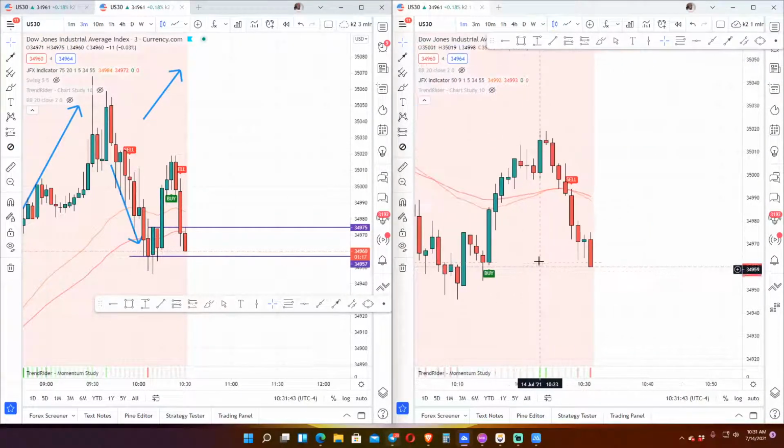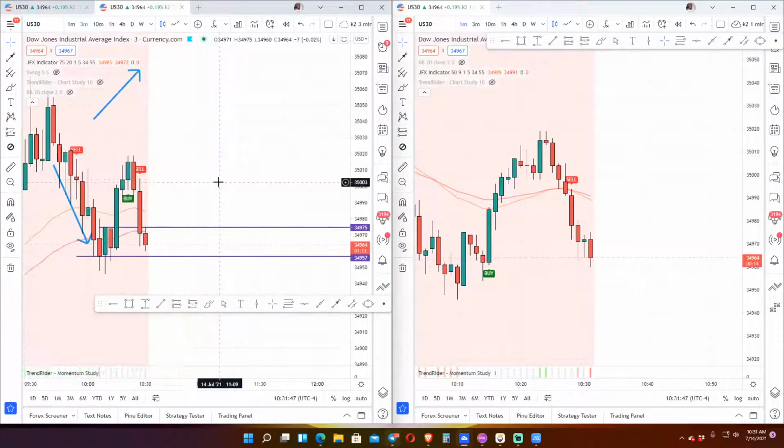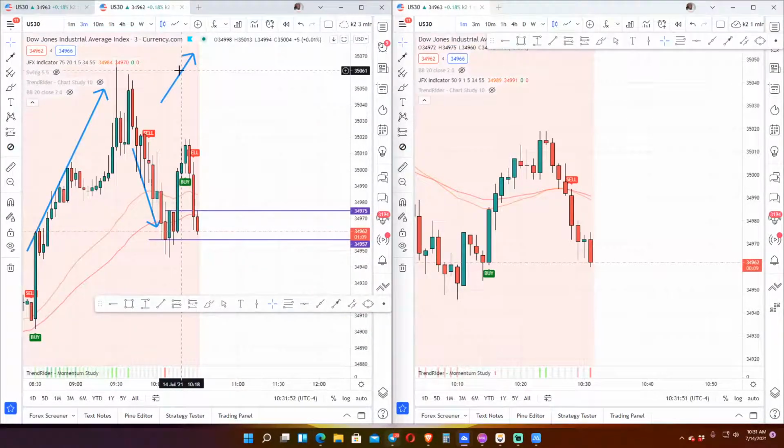Yeah, so I thought this would have picked up, but like I said, it's very choppy. It's just moving up and down, up and down, up and down.